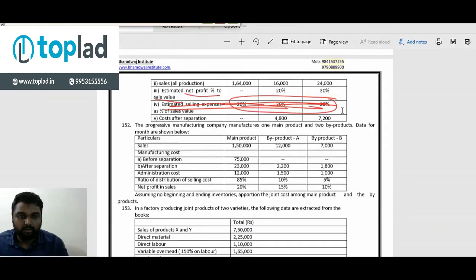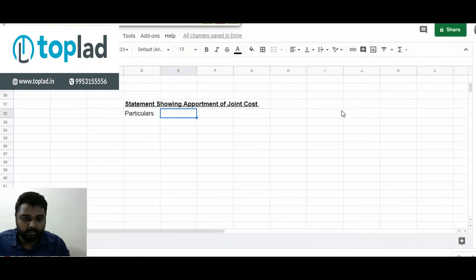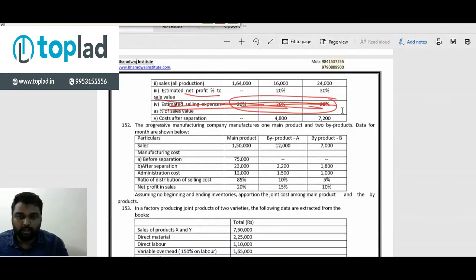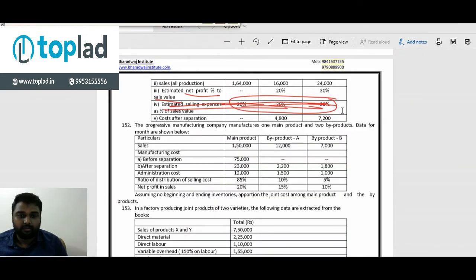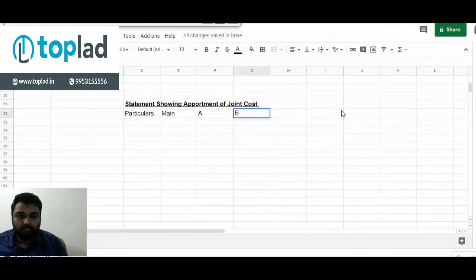Which are all the products? Main product, then byproduct A and B. We will have one column for total also.